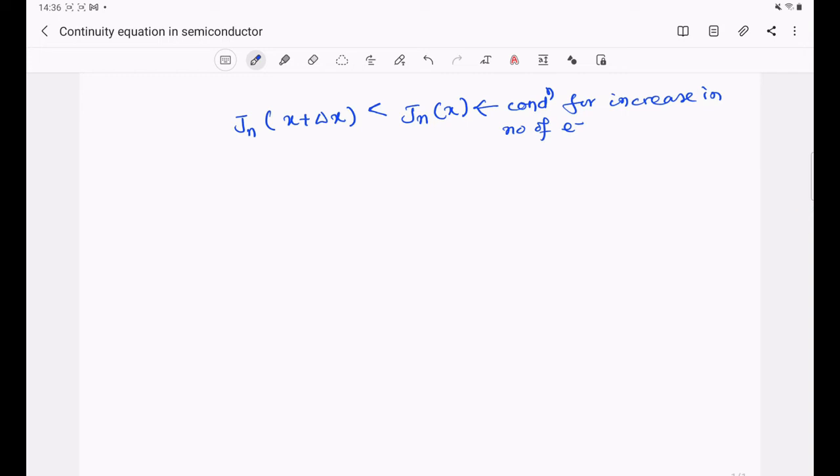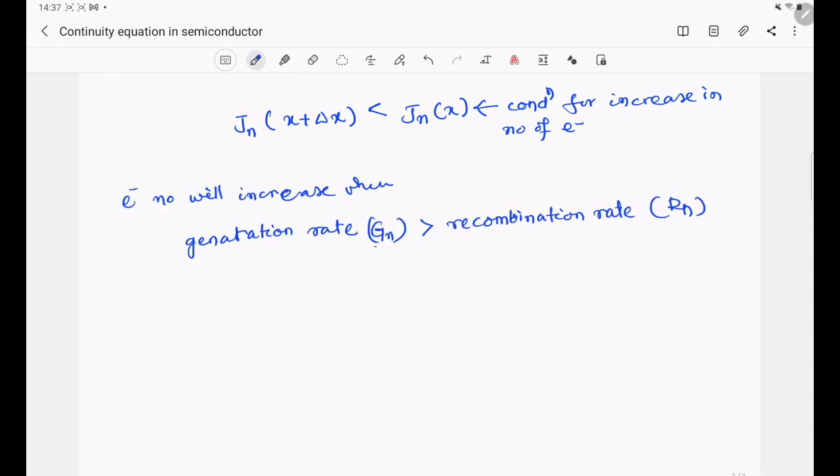The number of electrons in the box will increase when the rate of generation of electrons is more than the rate of recombination, because we know that there will be generation and recombination of electrons inside a semiconductor, and this generation rate is the number of electrons generated per unit volume. So if you are interested in finding the number, then we have to multiply the volume.